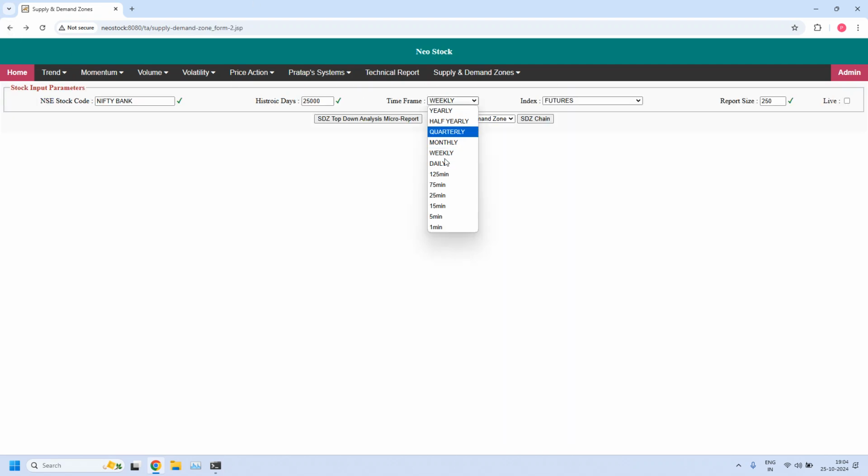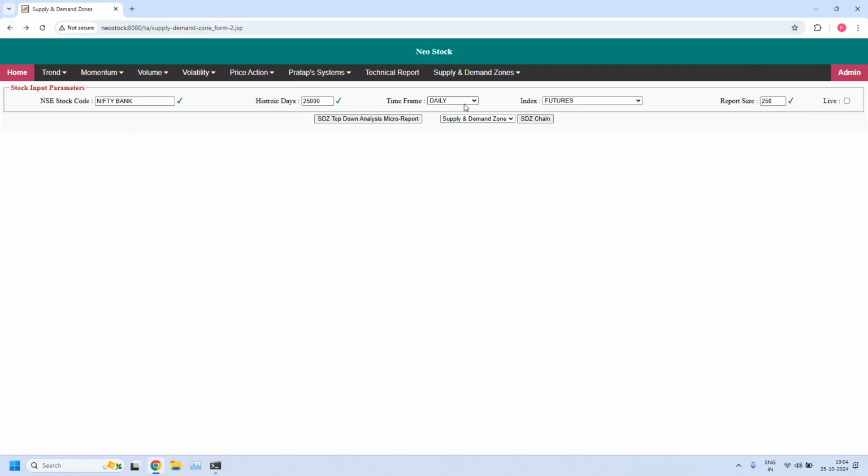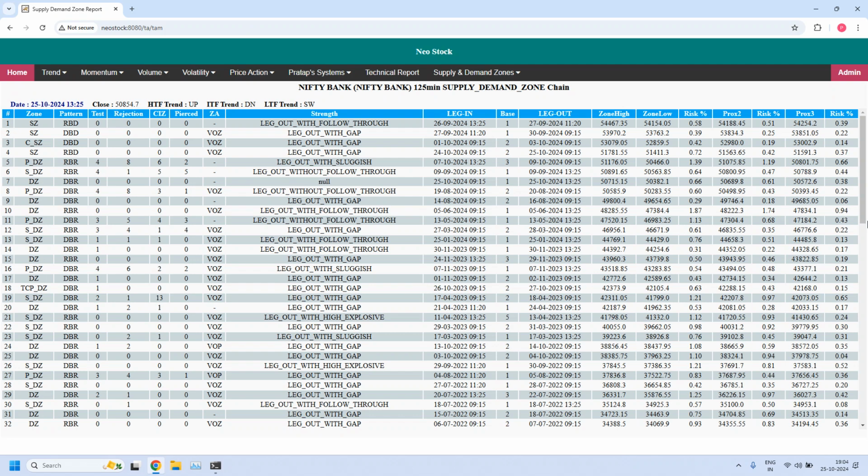Next time frame is daily, generating daily supply demand zone chain for BANKNIFTY. Next time frame is 125 minutes, generating 125 minutes supply demand zone chain for BANKNIFTY.